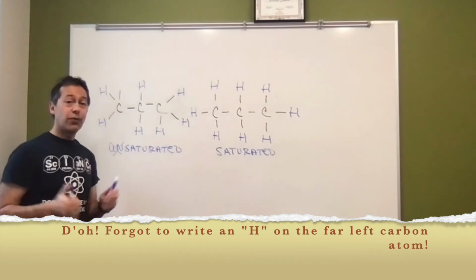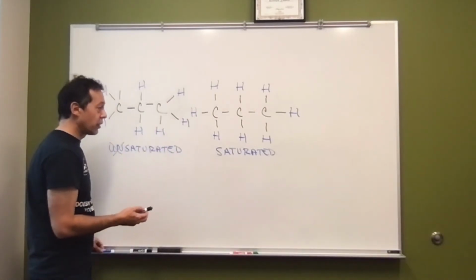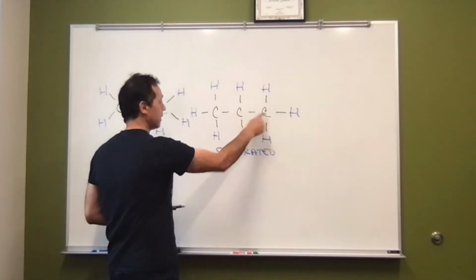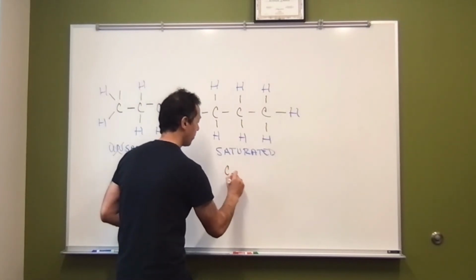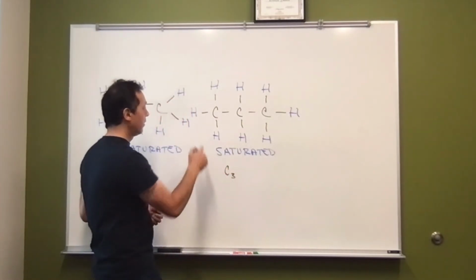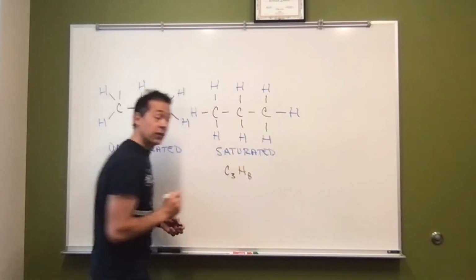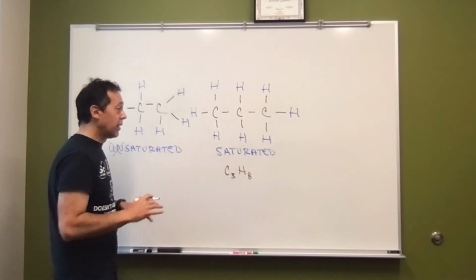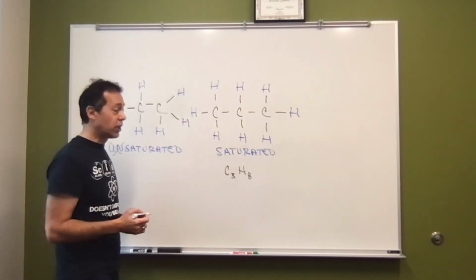Now if I were to say a general formula for saturated hydrocarbons, here I've got 3 carbons, so I'm going to say C3, and then I have 8 hydrogens, so that becomes H8. Now if I were to take a look at another saturated hydrocarbon, let's just do two carbons.